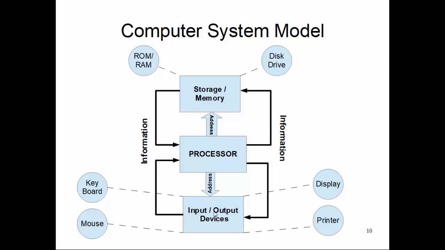Inside, maybe they're differentiated: the processor gets input from the subsystem of keyboard and mouse, and then sends out information towards a display or printer. That's a different story, a detailed view. But in a generic view, an IO device has a bidirectional information exchange with the processor, just similar to the storage or the memory.